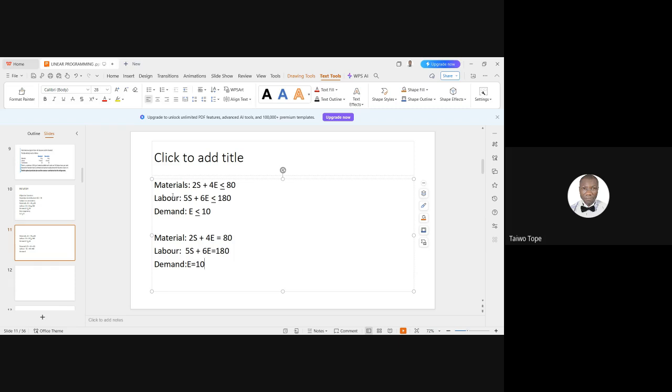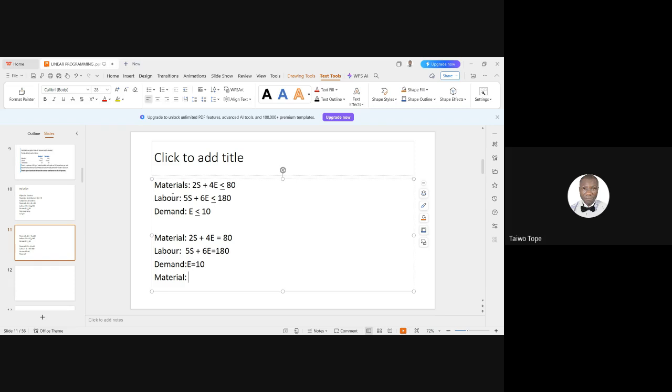So when we want to determine the value of the unknown, we now express the value of materials and labor. We'll make material equation 1 because the value of S and E in material and labor is not defined. So we want to get the definition.